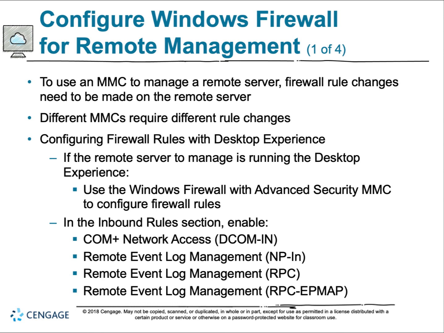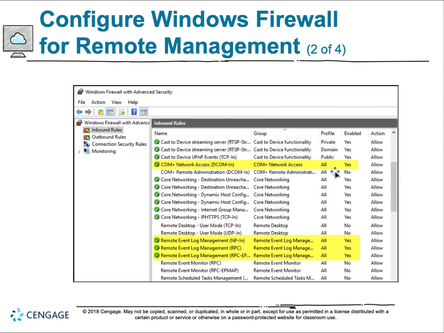Enabling the preceding rules makes it possible to run most MMCs and snap-ins for managing a remote server. You can see those four highlighted here in the list of all inbound rules, and you need to make sure all of them say yes under the enabled list.